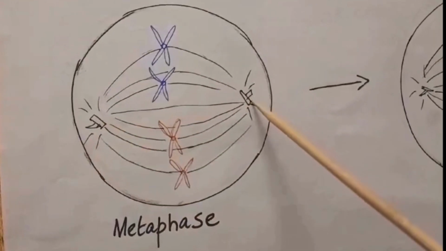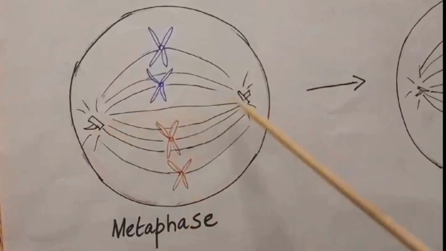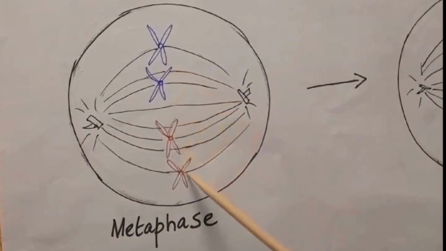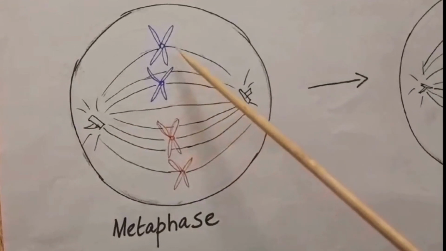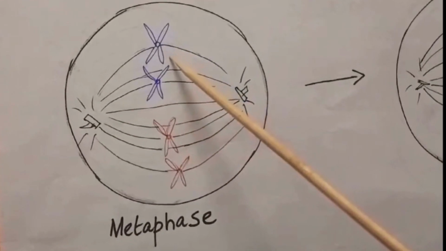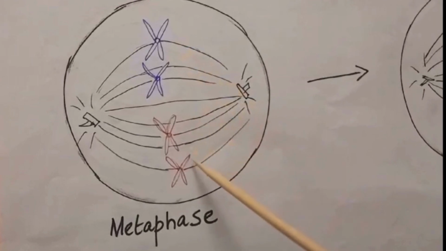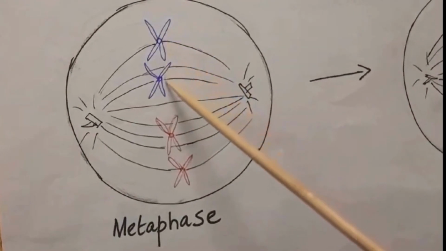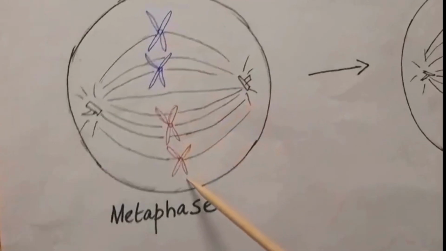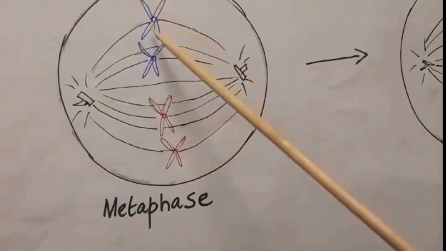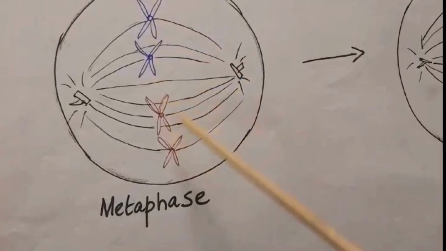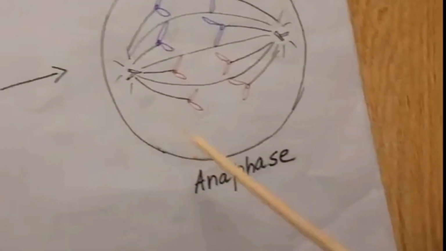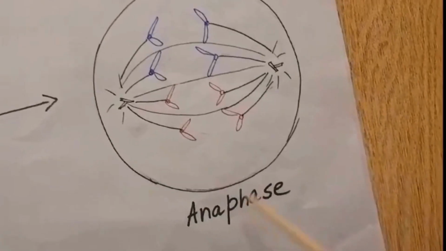These are the two poles of the spindle, and this center part which is broader is called the equator of the spindle. During metaphase, the chromosomes arrange themselves on the equator of the spindle in a single file or in a line. After that comes the anaphase.